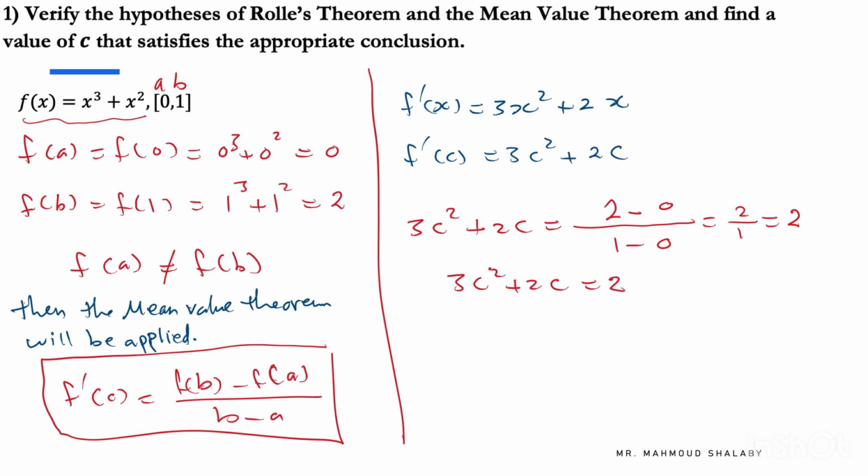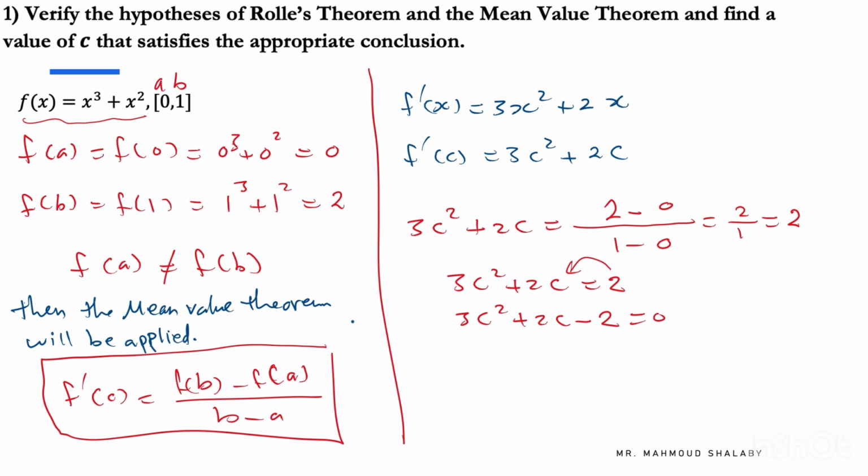Now, as long as this is a quadratic equation, I will bring 2 here and solve. So it will be 3c squared plus 2c minus 2 equals 0. Don't forget, when we move to the other side, we change the sign. Then I want you to hold your calculators and solve.